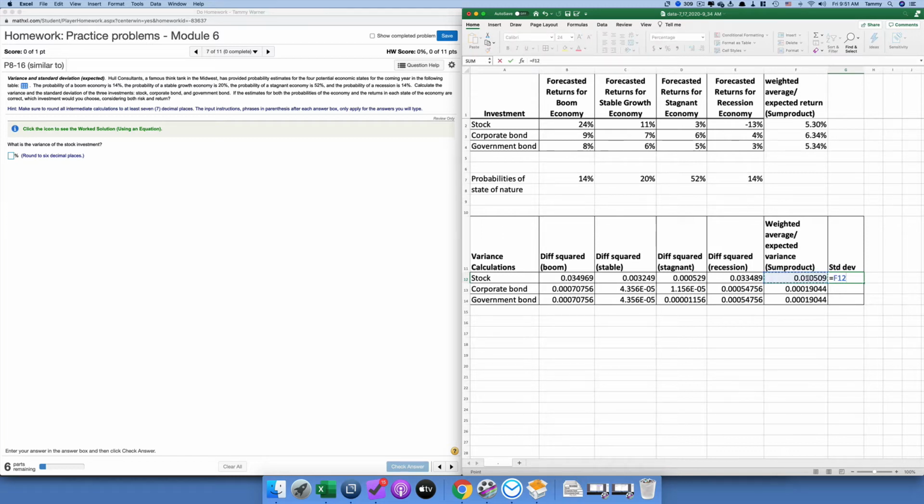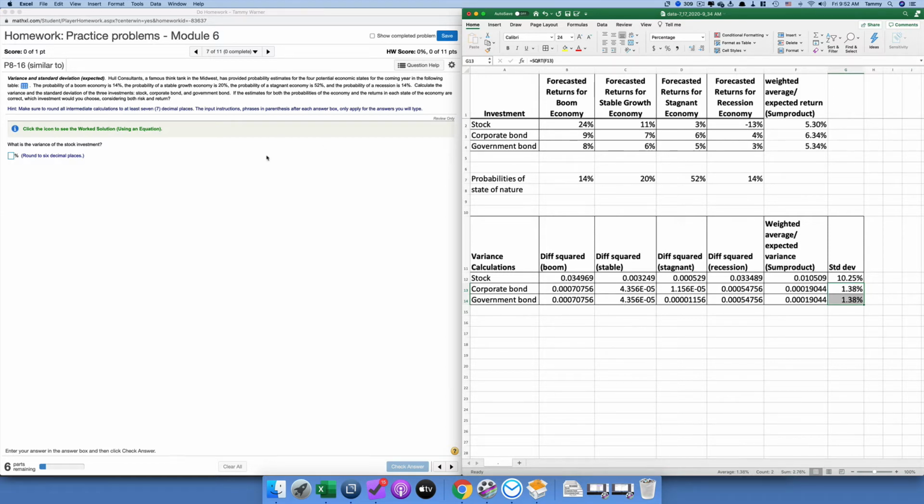And actually, there's a couple of ways you can calculate a square root. You can take your number to the 0.5 power, and that'll be a square root. Or Excel has a function. If you just write SQRT, it'll calculate it for you as well. So either way, we need to have these in percentages with two decimal points.